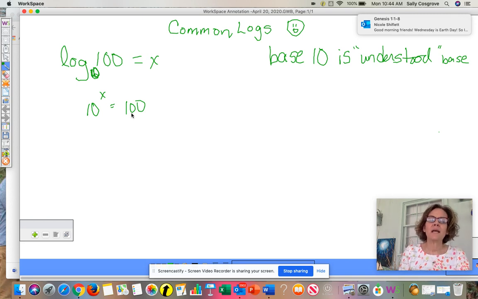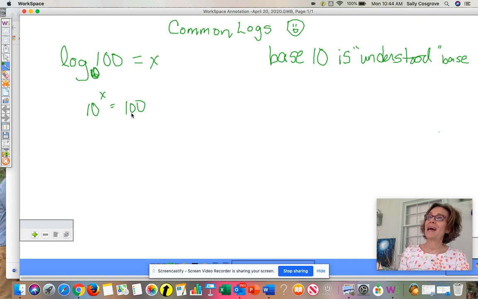How many times do you multiply 10 by itself to get 100? What is the exponent? What exponent do you raise 10 to get 100? Oh, 2. So log of 1,000 then is 3. Log of 10,000 is 4. Log of 1,000,000 is 6.